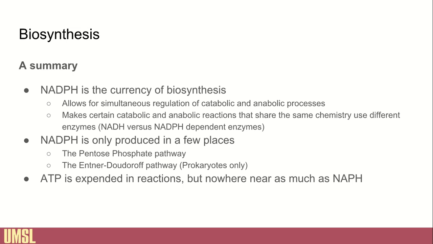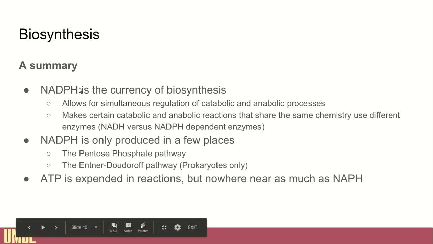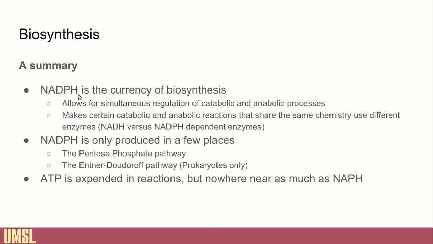So all of the enzymes that are biosynthetic that we've looked at, by and large, use NADPH as a substrate to provide reducing power to reduce oxidized carbon compounds to make more complex carbon compounds. And so again, this is one of the ways that cells make certain catabolic and anabolic reactions that share the same chemistry use different enzymes.